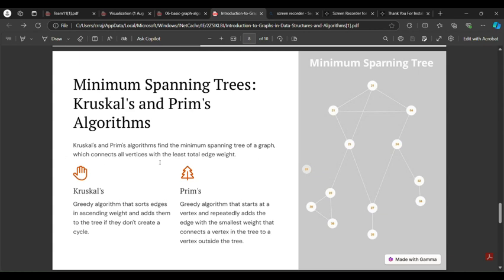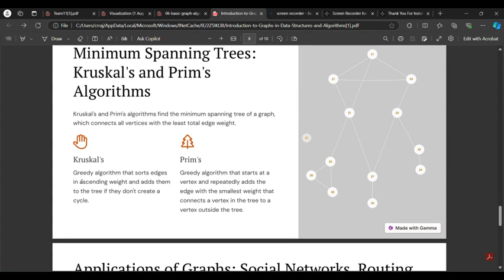Prim's is a greedy algorithm that starts from a vertex and repeatedly adds the edge with the smallest weight that connects a vertex in the tree to a vertex outside the tree.